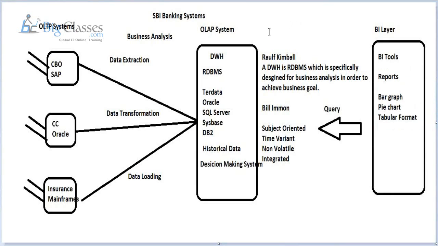Once the data is presented in the form of reports, these reports will be sent to the business users for the purpose of business analysis. Why do we have this layer? Because, let's say you have created the data warehouse, but the business users are not technical people who can analyze the data directly by querying the data warehouse.